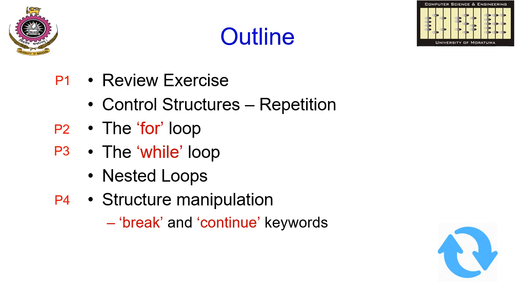So in part 2, we will introduce the for loop, and in part 3, the while loop, and how to implement nested loops, and why we need nested loops. Moving on to part 4, we will be talking about some special keywords like break and continue, where we are allowed to make some changes.